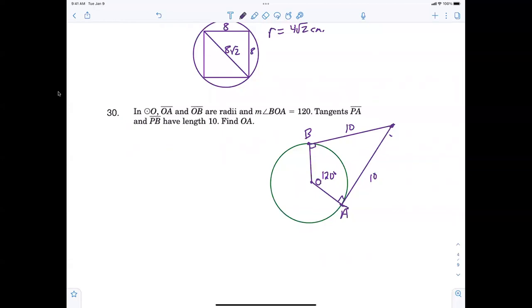I need to find OA. Wait a minute. This over here is P. Ooh, this is kind of nice because if that's 120, if I draw this in, this creates a what? Yeah, 30, 60, 90 triangle.